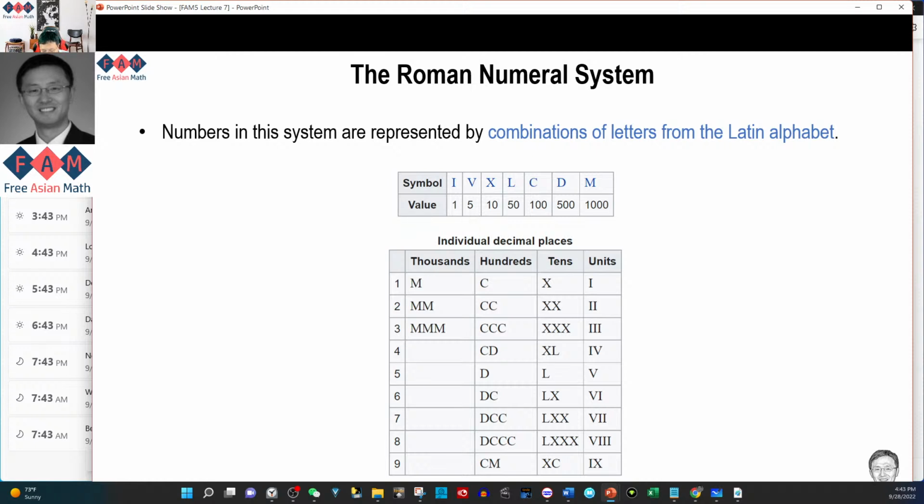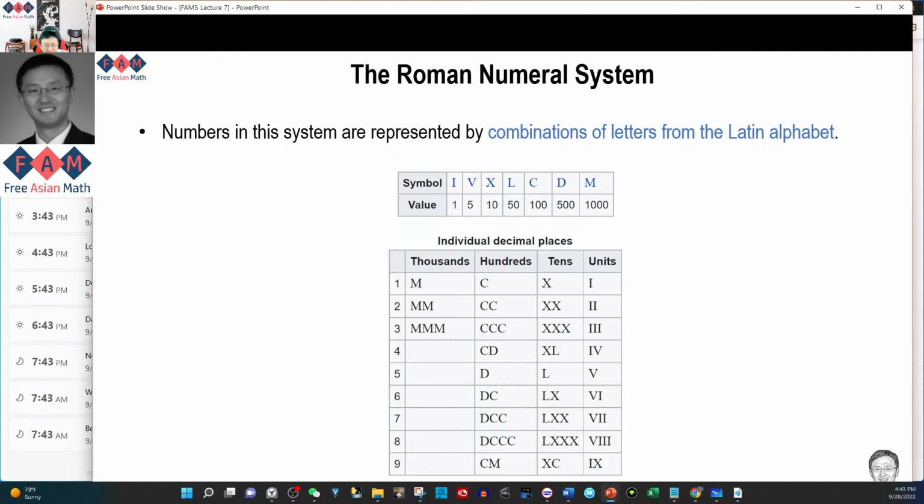And if you have 5, that's a V. If it's a 10, it's an X. And similarly, you have 50, 100, 500, 1,000. Those symbols have a one-to-one mapping to those numbers: 1, 5, 10, 50, 100, 500, 1,000.